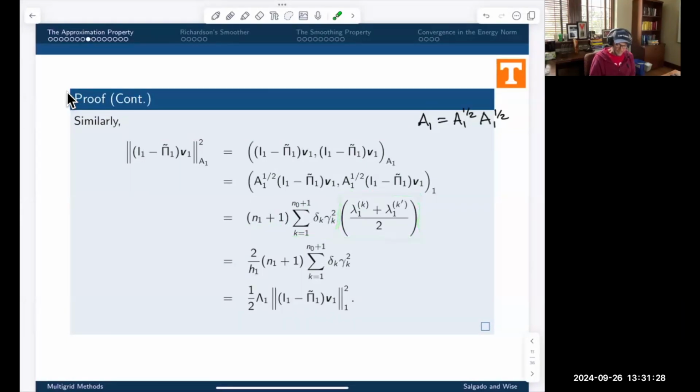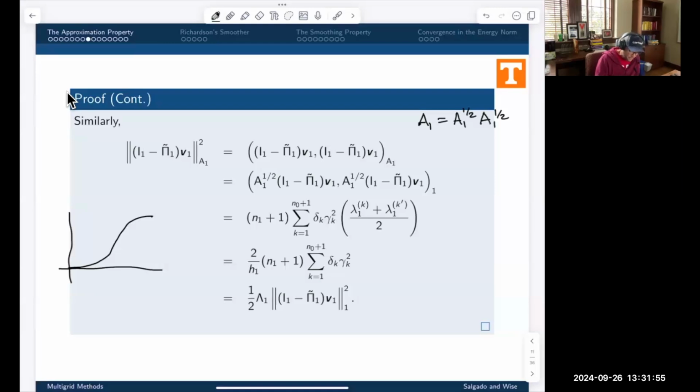Now, let's think about this, lambda 1k and lambda 1k prime. I said that if I take the average of those two things, you precisely get this number out in front. We can show this by a picture, actually. If I plot lambda 1k as a function of k, remember it looks like that.